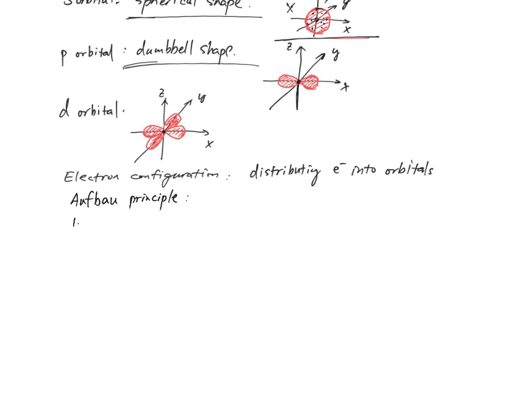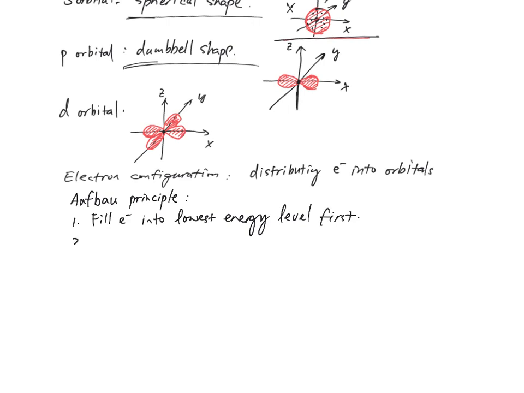Number one, fill electrons into the lowest energy level first. So when you're putting electrons in, starting from your first electron all the way to your last, you put them in a lower energy level first, shell, subshell, whatever, until you fill up the lower energy level. You don't go up to the higher energy level.